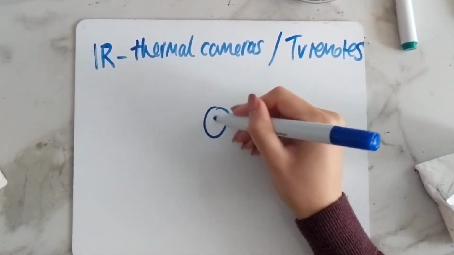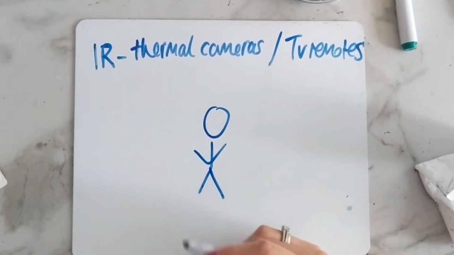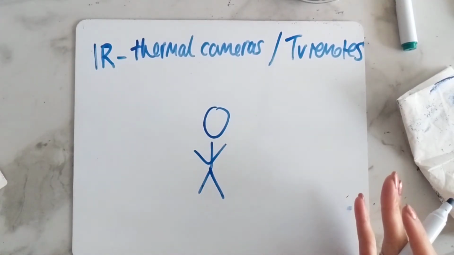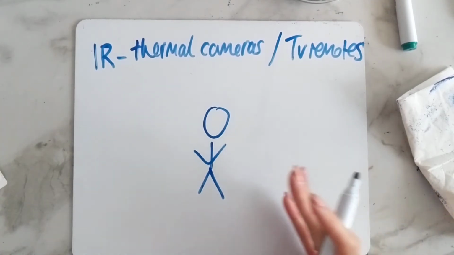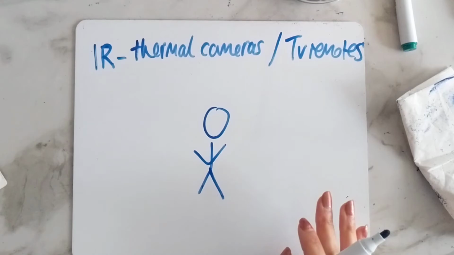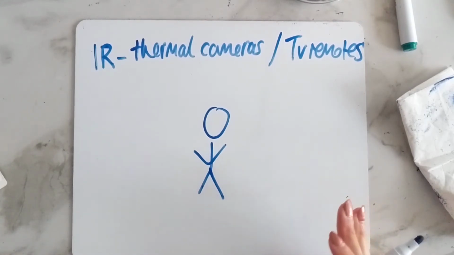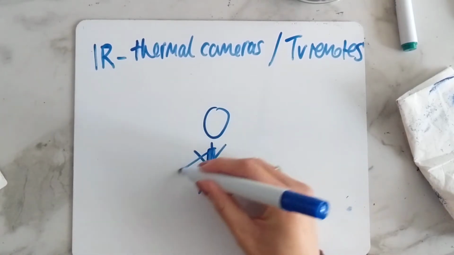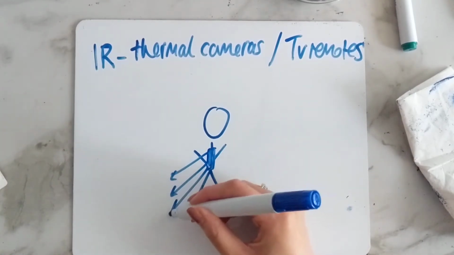So let's say here's a person and it's dark and we're using a thermal camera. Infrared is basically given off by all objects, including humans, animals, etc. The more infrared that's given out, the hotter the object. For instance, the centre of our body, our core, will give off the most heat.